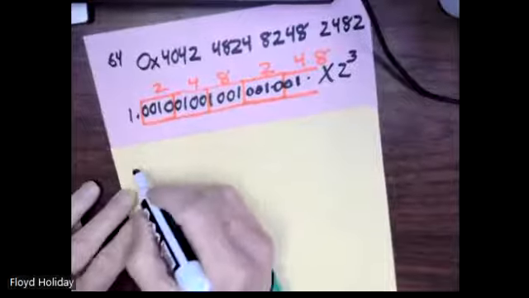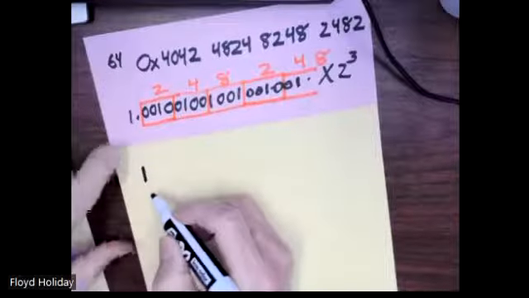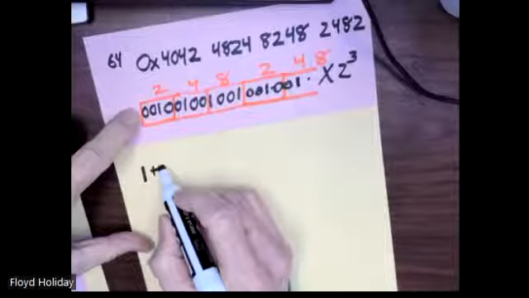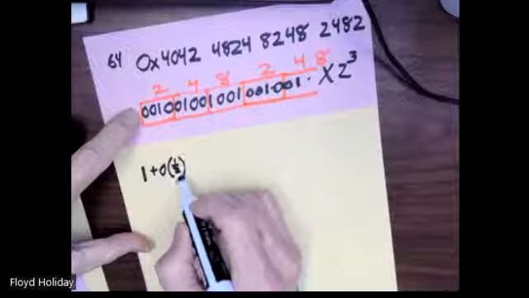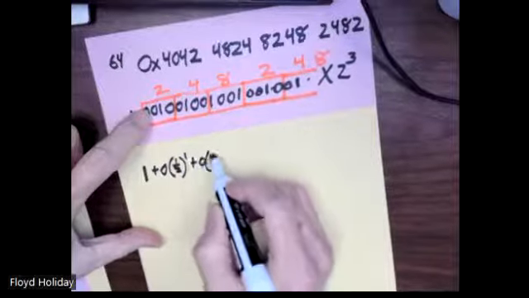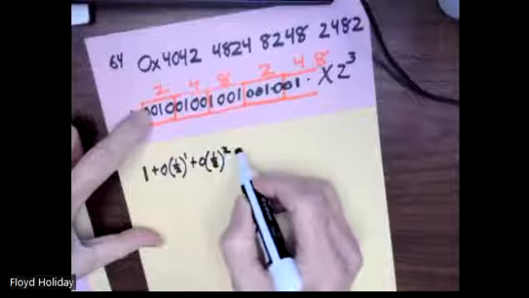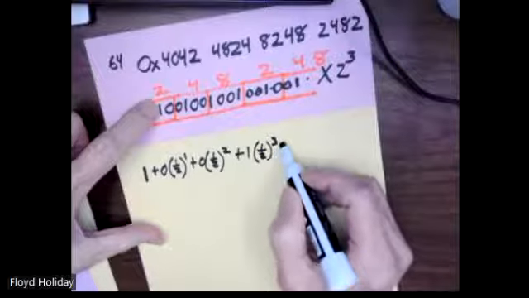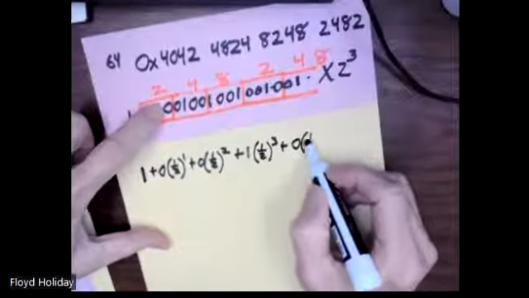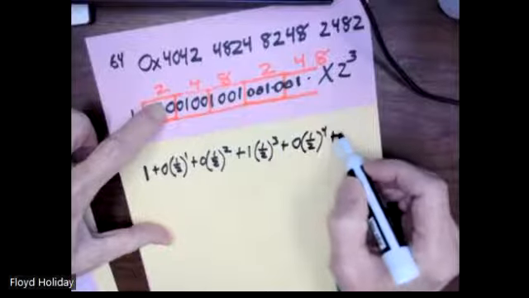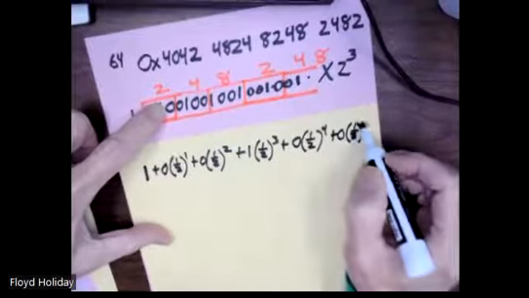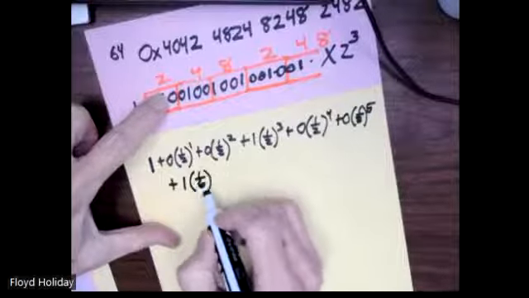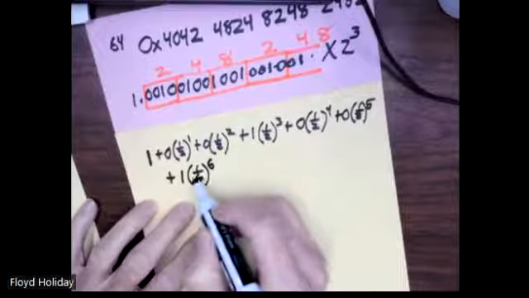So what that expression means is we have a 1, that's the hidden bit here, and then plus, this will look tedious, the first one is 0 times 1/2 to the first, plus 0 times 1/2 to the second, plus, now we hit the 1, 1 times 1/2 to the 3, plus 0 times 1/2 to the 4, plus 0 times 1/2 to the 5, plus 1 times 1/2 to the 6. The 6 is here, the 1/2 is here.